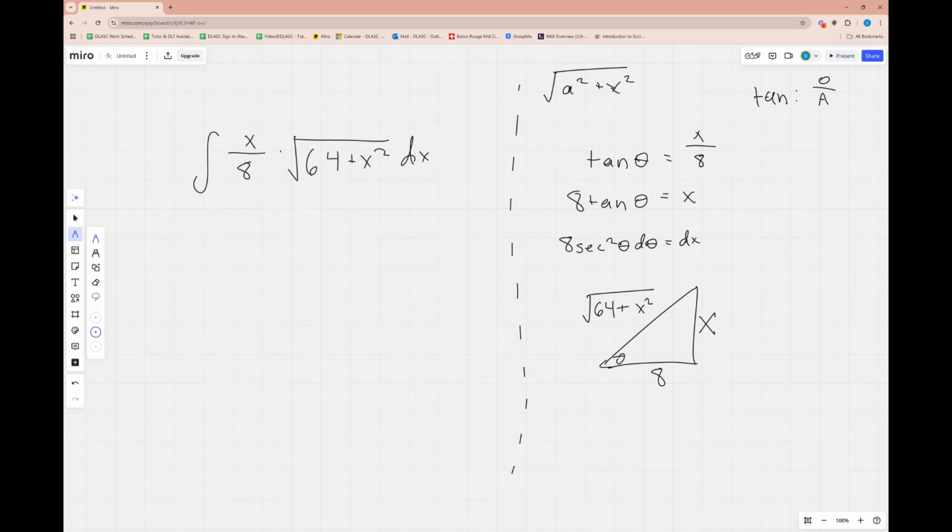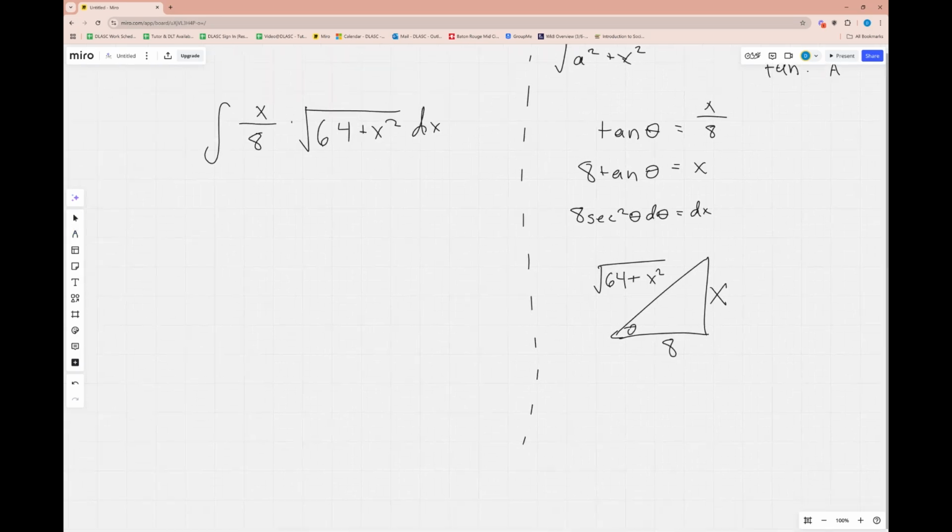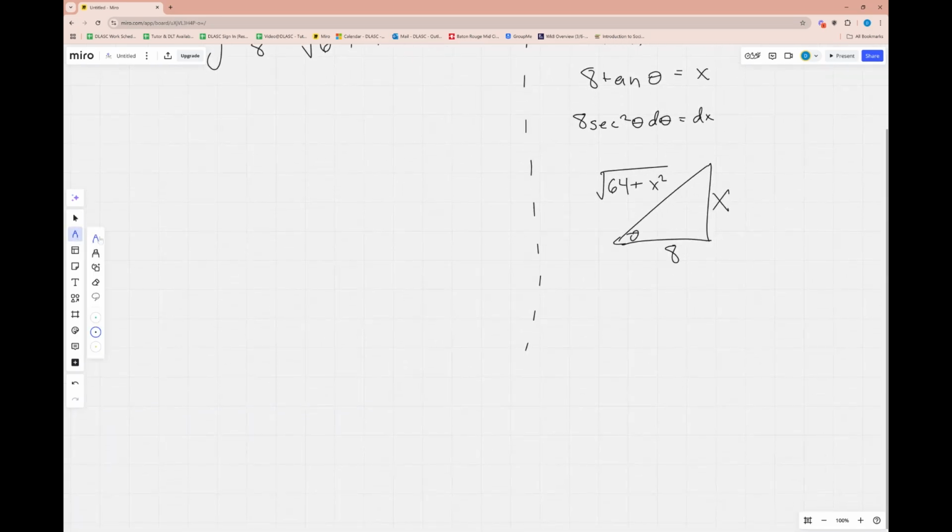So what I need to do is note that, well, how do we express this the way that we want to? Cosine is adjacent over hypotenuse, so secant is going to be hypotenuse over adjacent. That's going to be this guy over this guy.